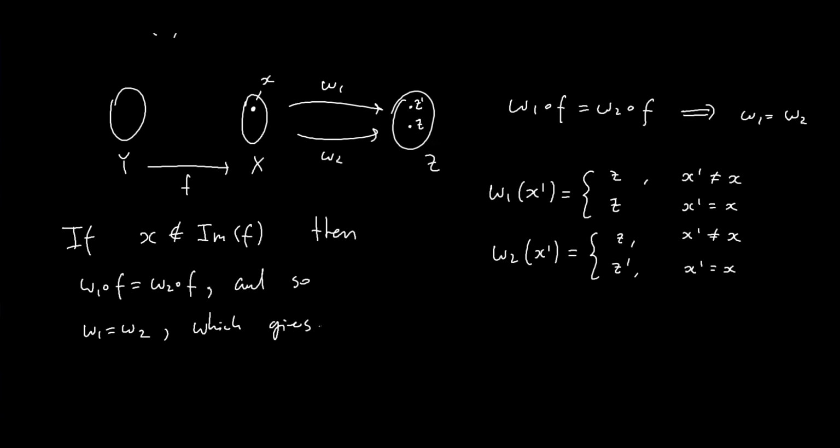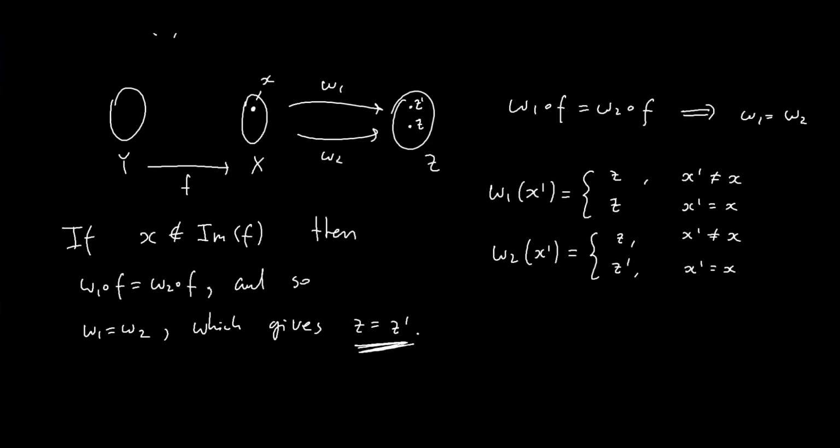Which gives a contradiction, which gives that z equals z prime, right? So if we start with z and z prime being different from each other, it gives z equals z prime, because if w1 and w2 are equal, then they have to be defined the same way, also for x prime being equal to x.